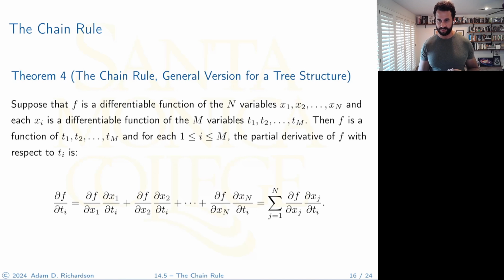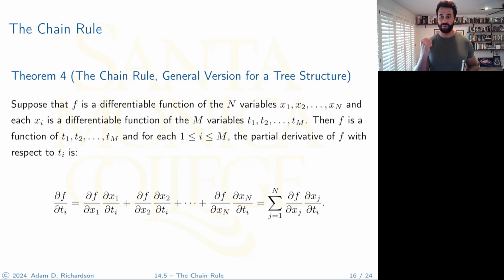The independent variable is not changing. The intermediate variable is changing. So written concisely, that's what this is saying. The intermediate variables are changing. They're going from 1 to n because there are n of those intermediate variables. And for each one of those independent variables, you get a partial derivative. Boom. So this is a partial derivative with respect to one of the independent variables. And this is what the formula is.